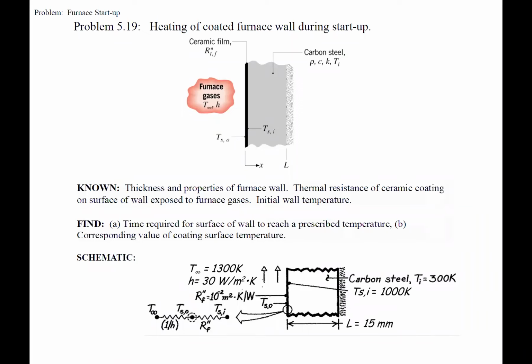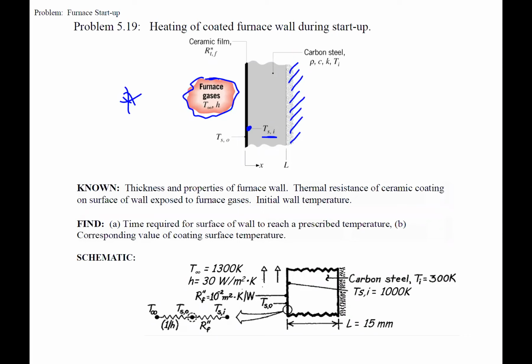All right, so they gave us also in this problem this schematic. So we see we have these hot furnace gases. We have this carbon steel wall that's insulated on the right. We want to know how long it takes for that inside surface to be 1000, so that's going to be a given.